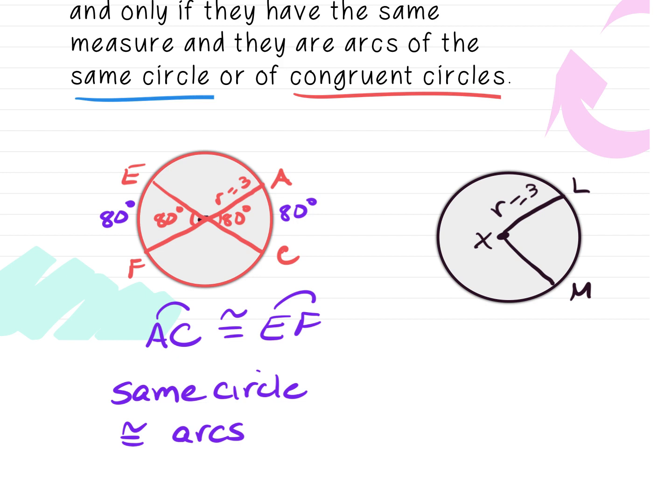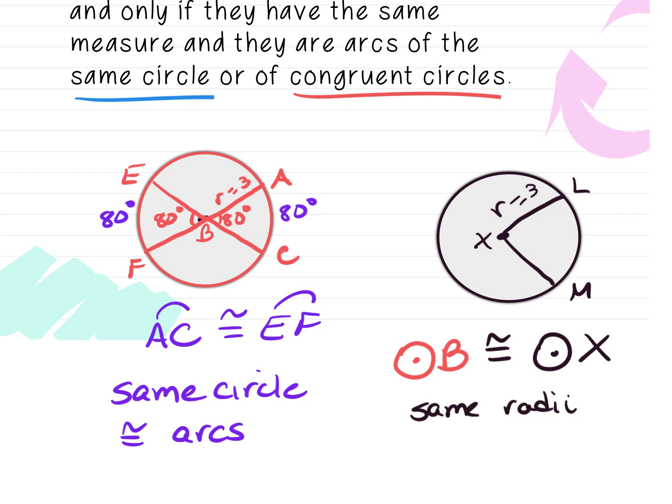So in this picture, notice both circles have the same radius length. So I can state, and let me add a letter here, I'll call this circle B. So I could state here that circle B is congruent to circle X because they have the same radii length or congruent radius.